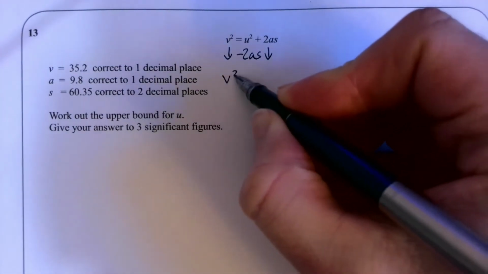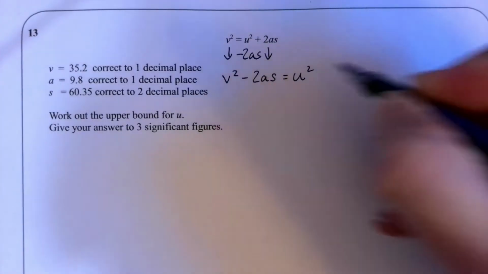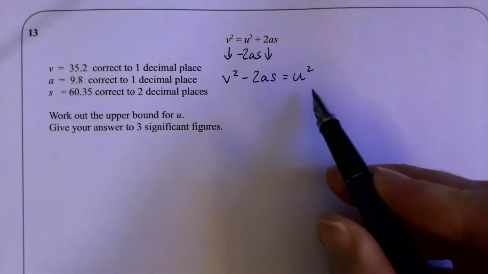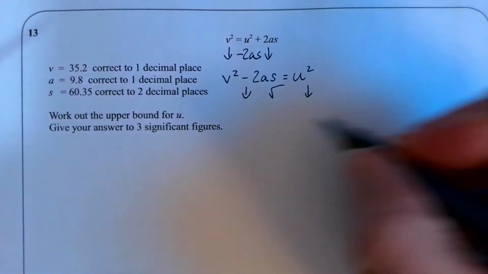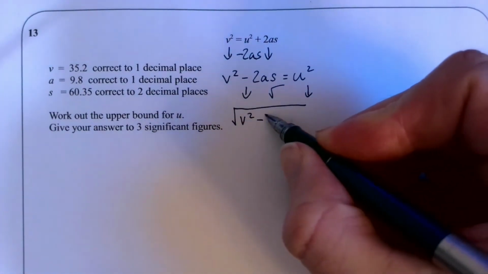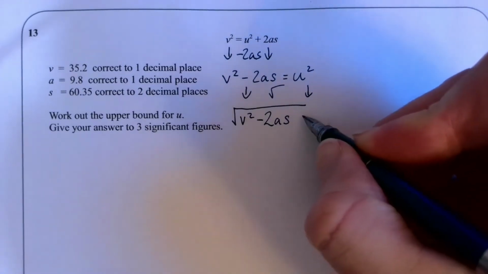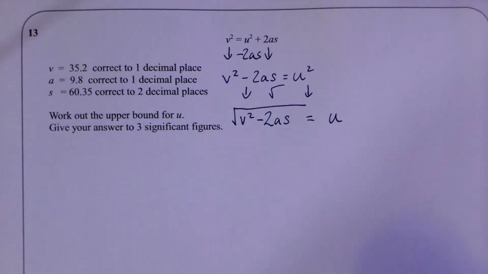That's going to give me v squared take 2as on this side equals u squared, and then because I want u and not u squared, I'm going to do the square root of both sides, and that's going to give me the root of v squared take 2as equals u. Now, I don't need to worry about plus or minus because positive is bigger than negative, isn't it? So, yeah, it'll just be the positive value that we're worrying about.